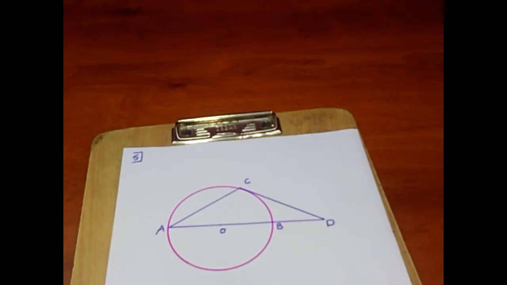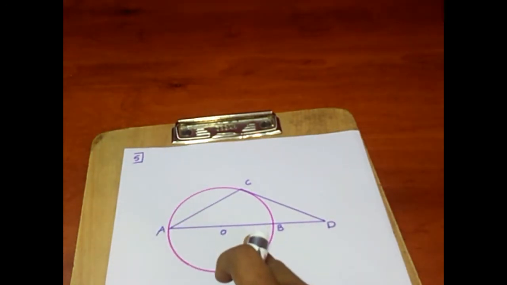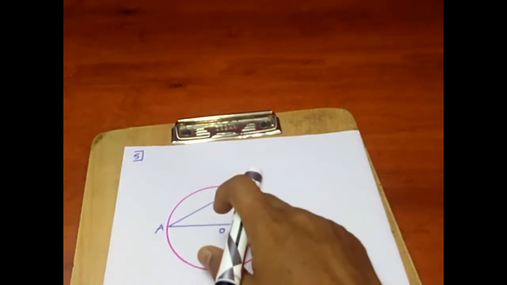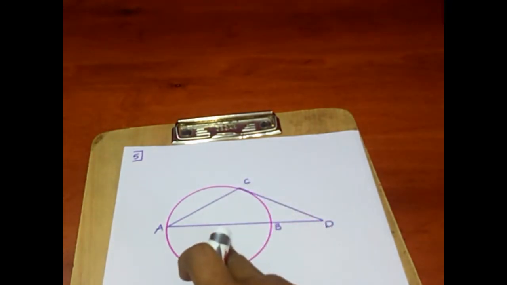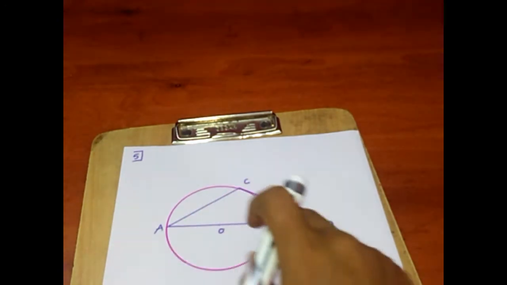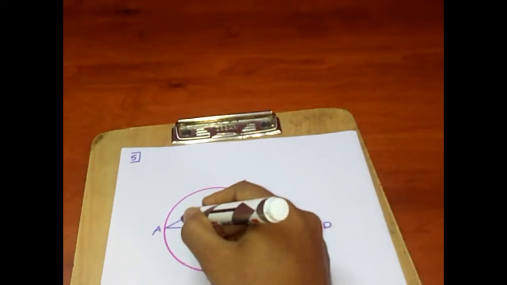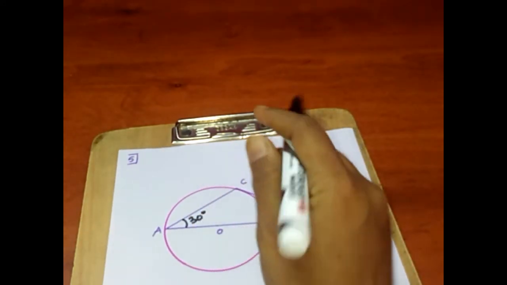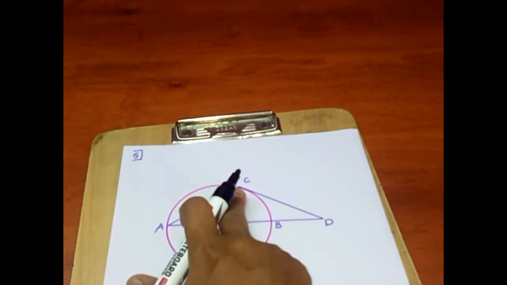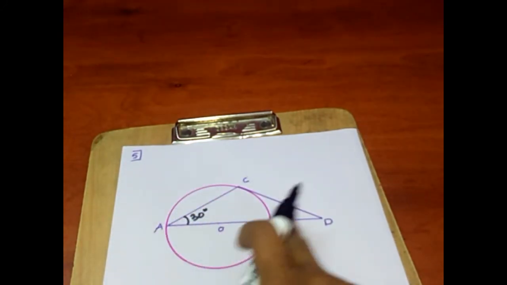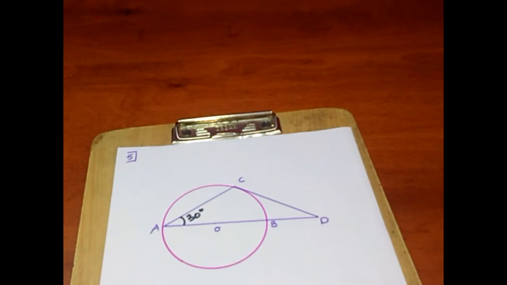Question number 5. AB is the diameter of a circle and AC is a chord of a circle with center O such that angle BAC is equal to 30 degrees and the tangent to the circle at C intersects AB produced in D. So we have drawn the diagram accordingly, children.